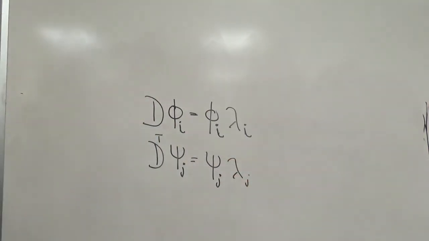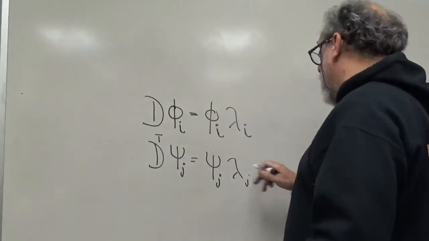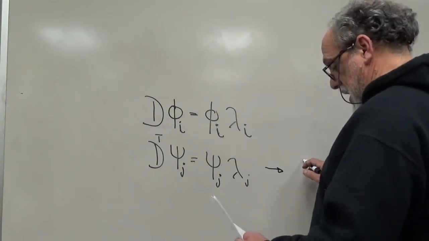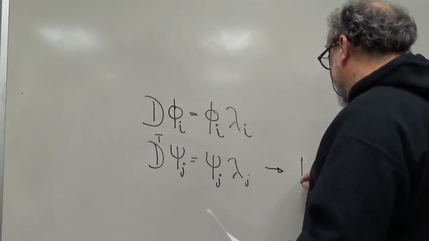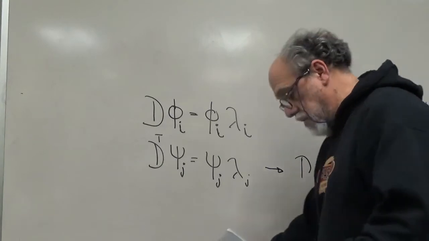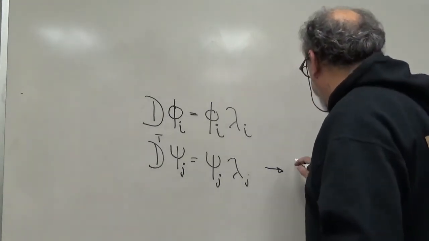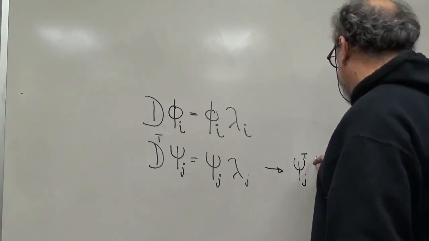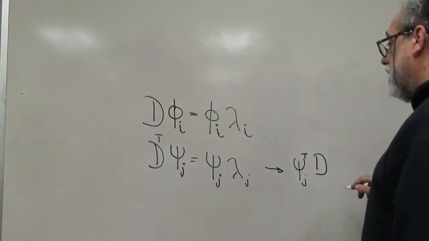And you should see where I'm going, right? So I take now the transpose of this and I get phi j transpose times D, right?